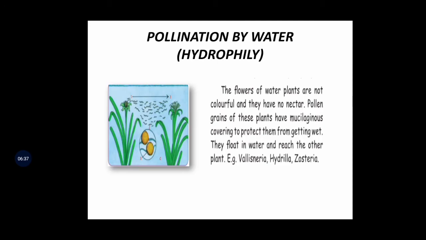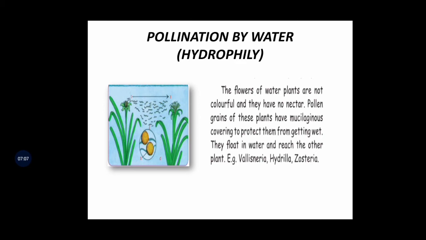The second pollination takes place by water, which is otherwise called hydrophily. Hydro means water. The flowers of water plants are not colorful and they have no nectar also. The pollen grains of these plants have a mucilaginous covering to protect them from getting wet.